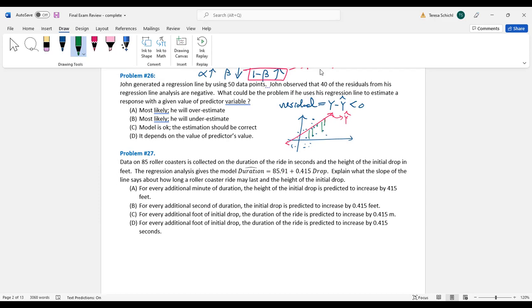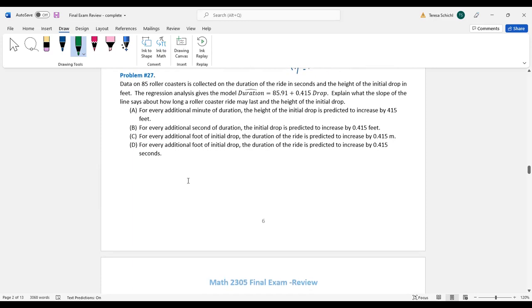So I know that's a regression line. If we use this to estimate the response, what are we going to do here? Probably our estimates are higher, right? So most likely we are going to overestimate, correct?